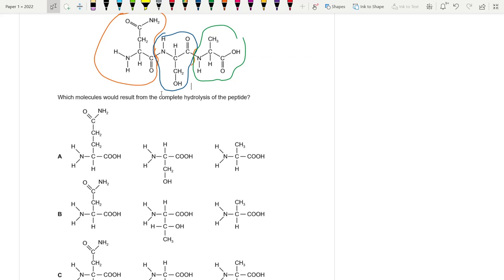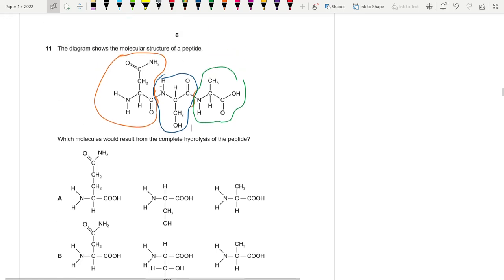Basically, if you look at the compounds over here, how are you going to identify the correct ones? So let's take this step by step, then we can understand what would result from complete hydrolysis.